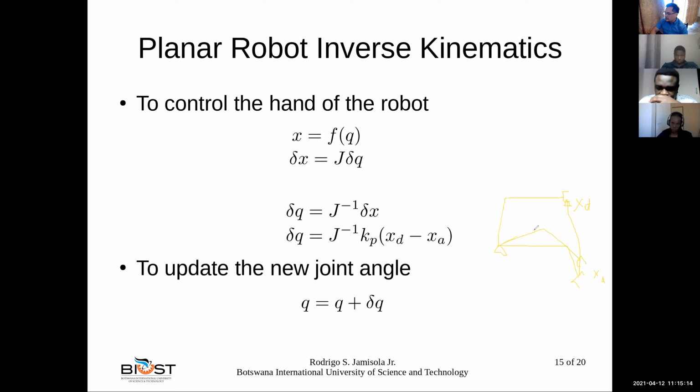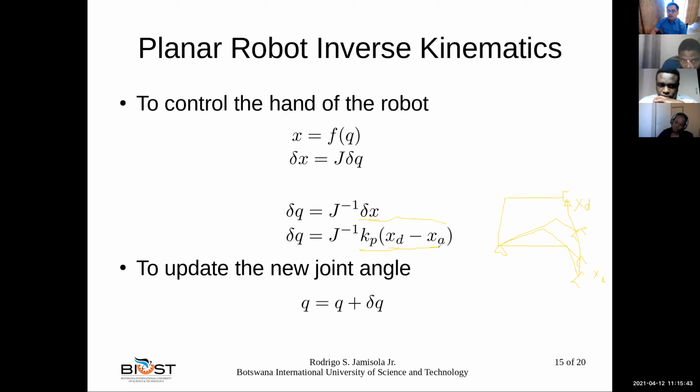So we replace the small incremental step of X with the error between the desired values of X and the actual values of X, multiplied by some gain. In order for our robot to move towards the desired value, we replace this small incremental movement of X with this control equation.